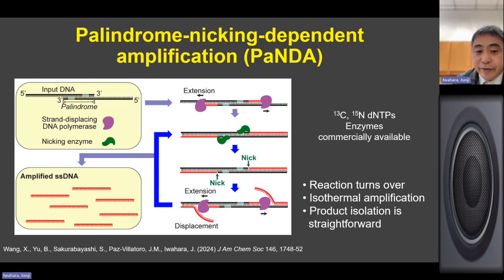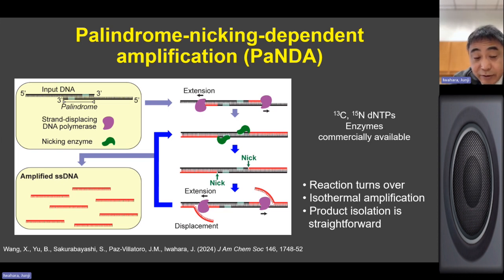So you can just use non-denaturing conditions for anion exchange chromatography and isolate this product quite easily. So this is more like RNA isotope labeling. As I already mentioned, for RNA isotope labeling, people use an in vitro transcription system, and for that, the reaction turns over, and product isolation is straightforward.